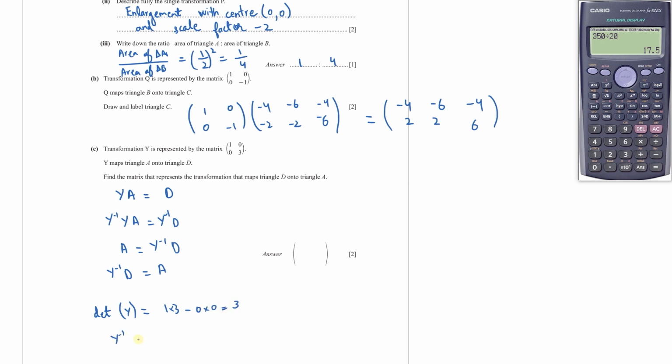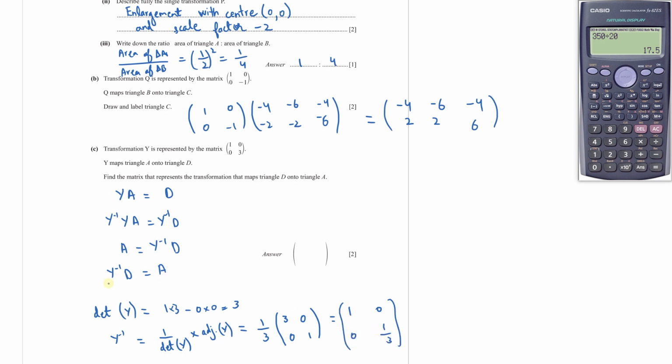So Y inverse will be 1 over the determinant of Y multiplied by the adjugate of Y. The adjugate is simply you swap the positions of these two, so 3 and 1 swap positions, and you change the sign of the other two. Zeros remain zeros after changing signs. If I take this 1 over 3 inside, I get 1, 0, 0, 1 over 3.